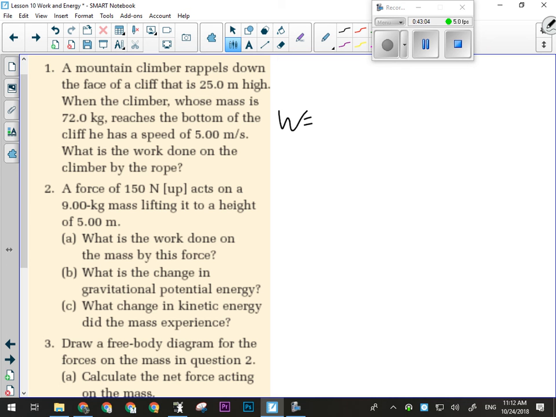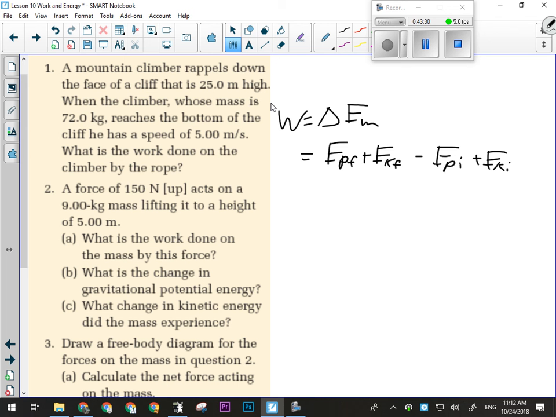So what I need to look at first is that work is the change in mechanical energy. So that means I need to have final potential plus final kinetic minus initial potential plus initial kinetic. Now, looking at the situation, are any of those energies 0?